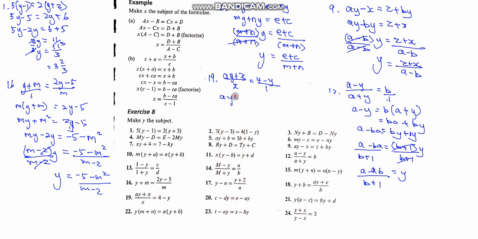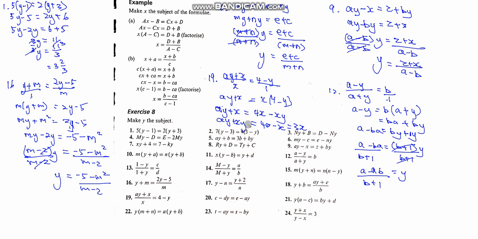So ay plus x multiplied by 1 is still the same thing, but this one moves over here and becomes x times (4 minus y). Now ay plus x equal to x times 4 becomes 4x. X times minus y becomes minus xy. Now I'm going to bring the y term to this side. So xy brings over and becomes plus xy. This one, 4x, brings over and becomes minus x, which gives you 3x.